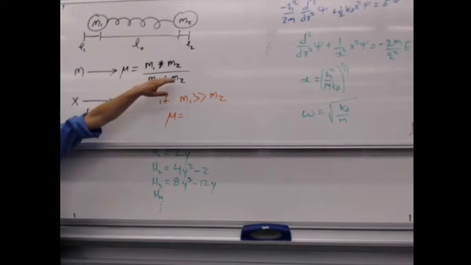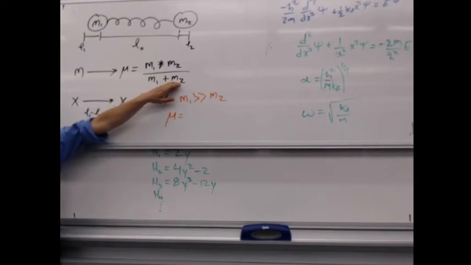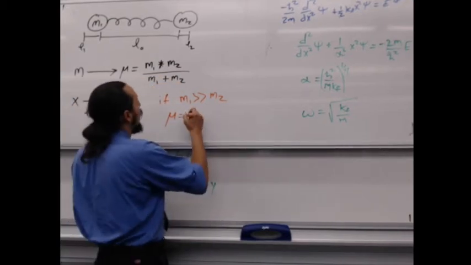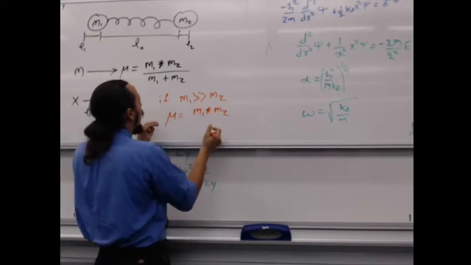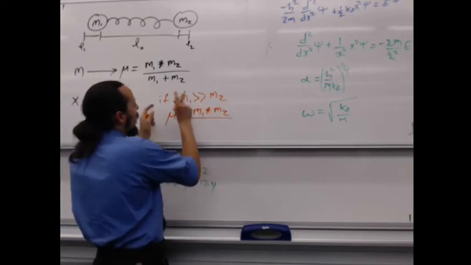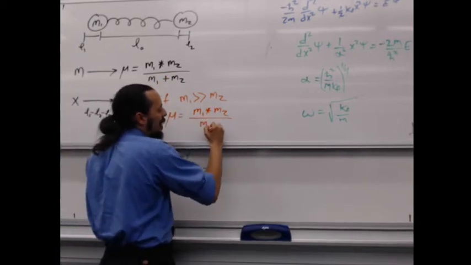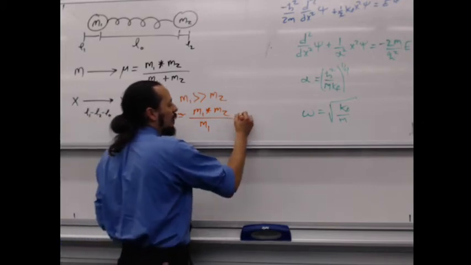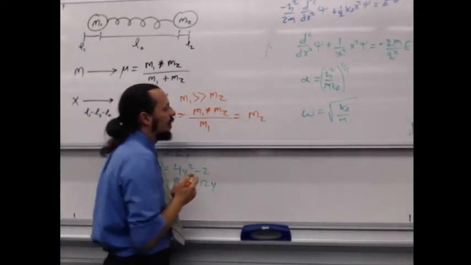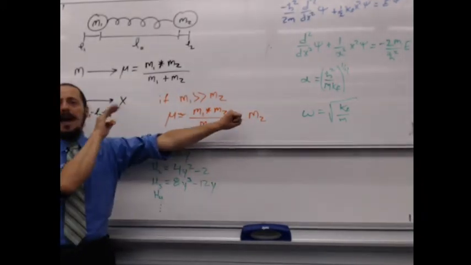Really big number plus a small number is approximately really big number. So the first step is we're going to have the top we can't really figure out yet, but if mass 1 is much, much bigger, then mass 1 plus mass 2 is approximately mass 1. Then if I cancel that out, I'm just left with the one mass.